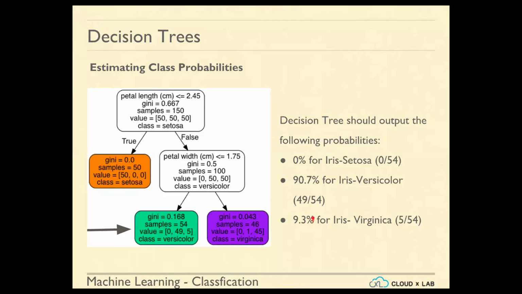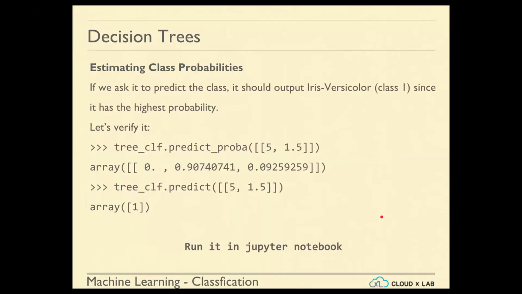This one has the lowest probability, which is 0. This one has second highest, and this is the highest probability. Therefore, it is versicolor. So if we ask it to predict the class, it would output versicolor because it has the highest probability.